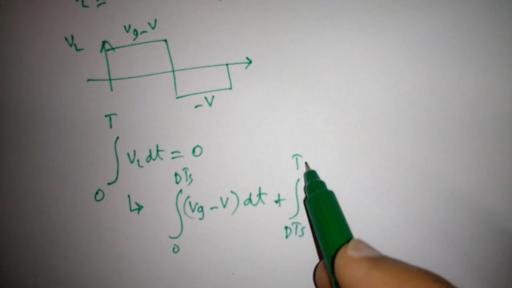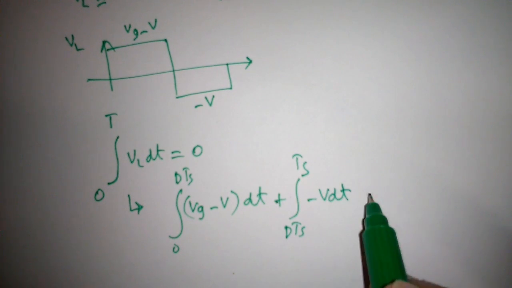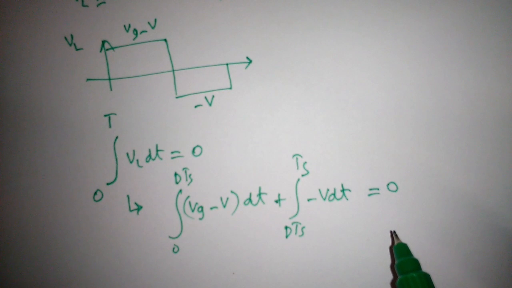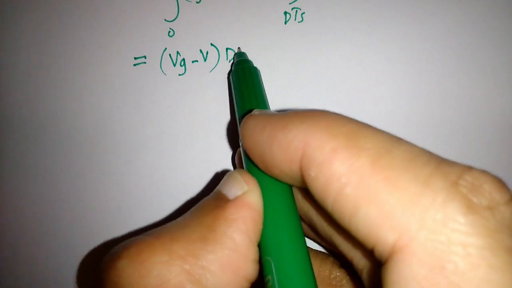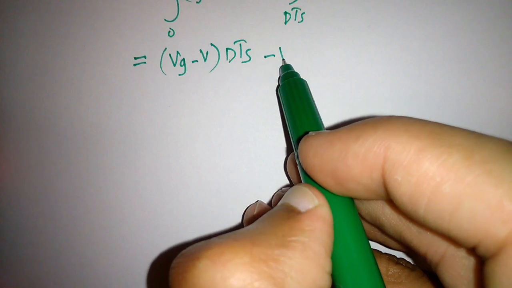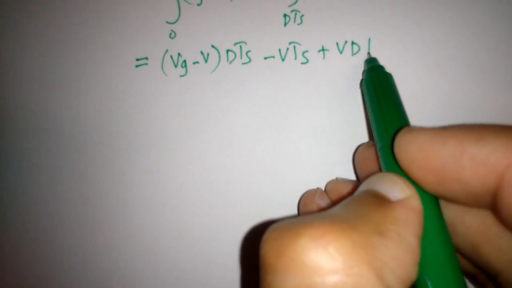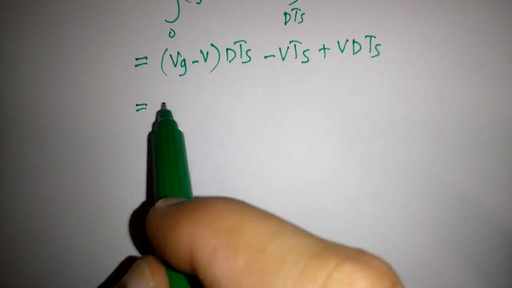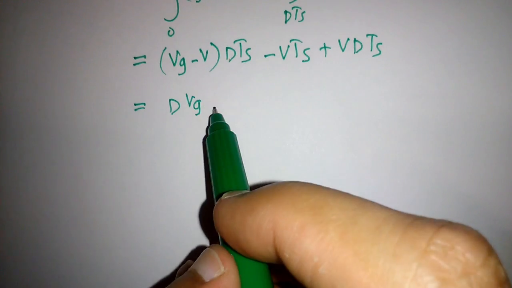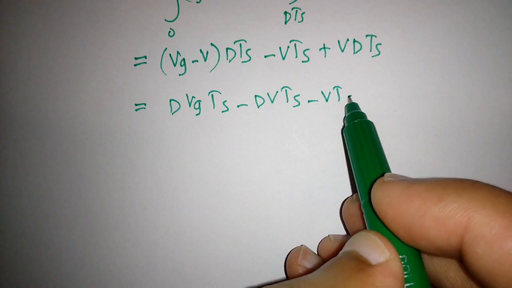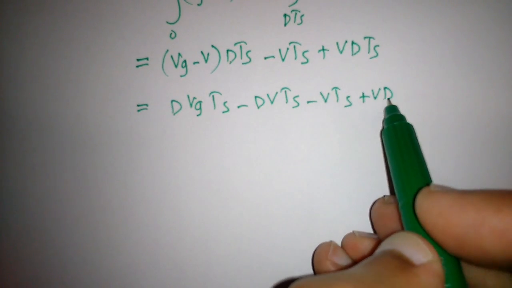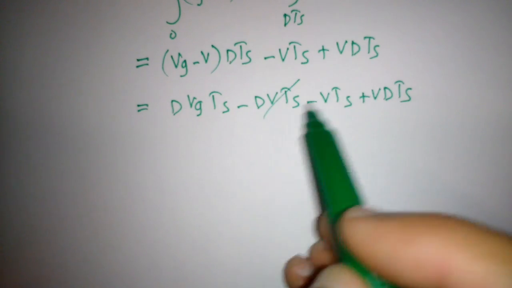From this, (Vg minus V) dTs minus V d prime Ts, that is equal to dVg Ts minus dVTs minus VTs plus VdTs.